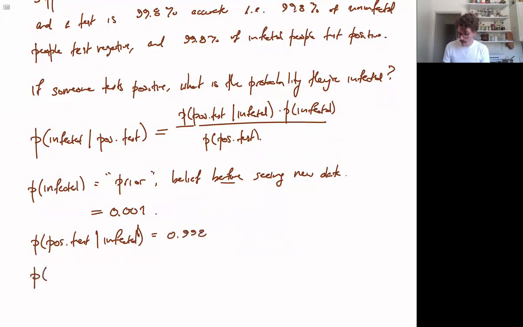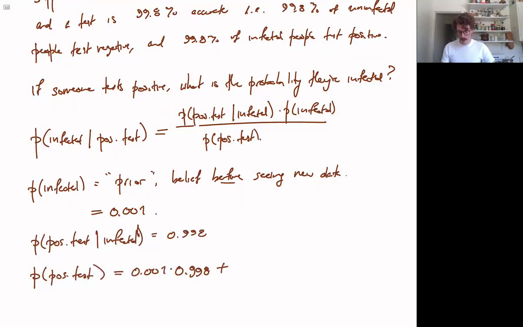And then the probability of a positive test at all, the total, well, again, I don't want to write it out because these event names are rather a lot of ink. But again, we're going to break it down into the people who test positive and are infected, and the people who test positive and are not infected. So the infected people make up 0.001 of the population, and the probability that they test positive is 0.998.